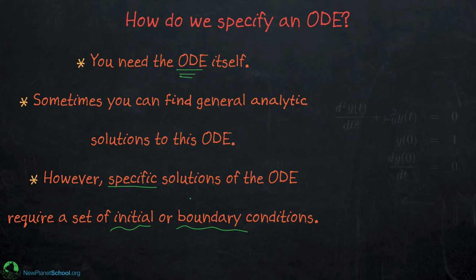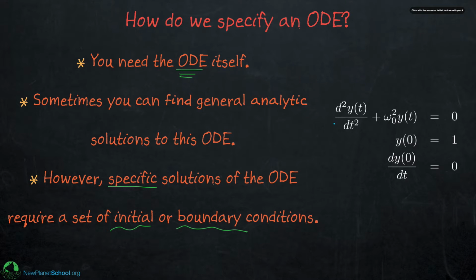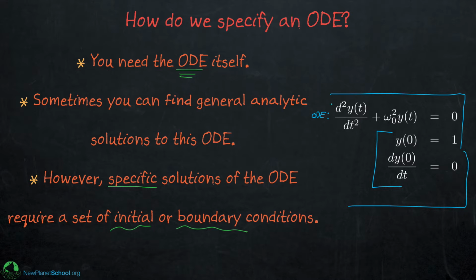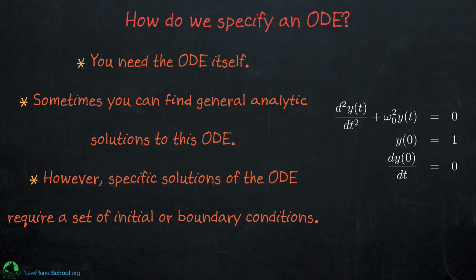It's pretty good. So just to put that in writing, we have our ordinary differential equation. Again, this is the harmonic oscillator equation, and we're going to have two initial conditions. And MacGrapher understands this, and so you need to be prepared to provide the whole set. Okay, all right.